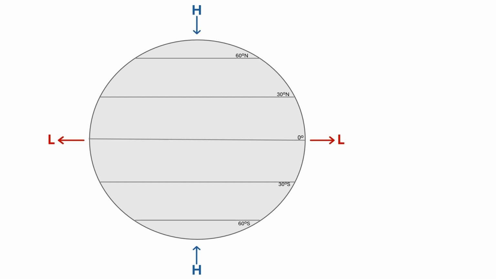Our air here is rising and creating a low pressure system. The poles receive the least amount of insolation. The air is very cold, therefore it is very dense and it sinks, creating a high pressure system at the poles. We call the high pressure system at the poles the polar high. There's your first system.